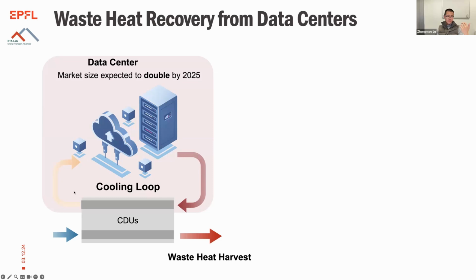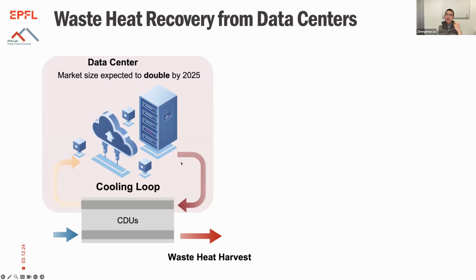Basically, you have some cold fluid going in, hot fluid going out. And the heat that was dissipated into this fluid is typically of low exergy or low grade heat, very hard to use. So sometimes people are trying to use this for district heating. That's one way to harvest that waste heat.